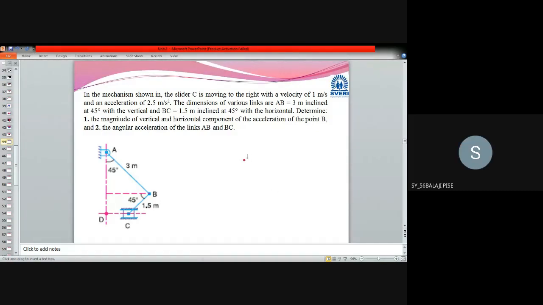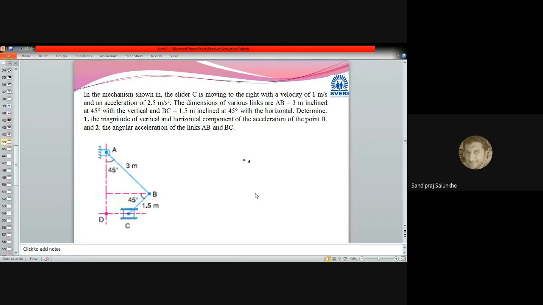A. Small a or capital A? Small a. Right. So Balaji has explained that the first step is to take one point from which we can draw the velocity vectors, and that point indicates the stationary point.